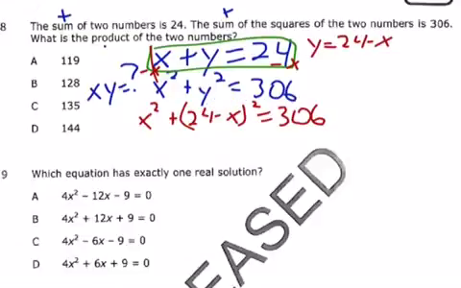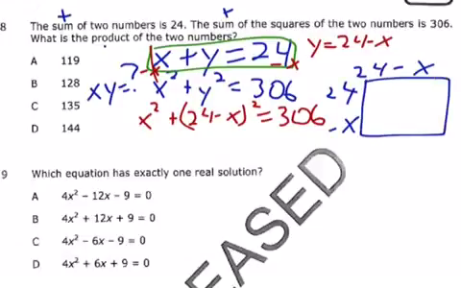I like to do the box method. So if I do 24 minus x, and then 24 minus x, and multiply those two binomials out, I'm going to get 24 times 24 is 576. 24 times negative x is negative 24x. Negative x times 24 is negative 24x.